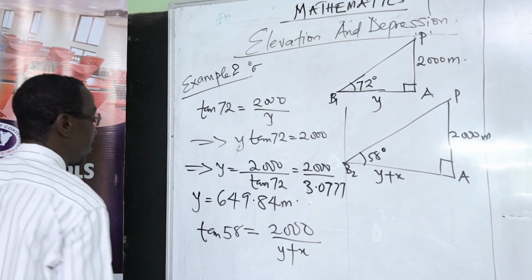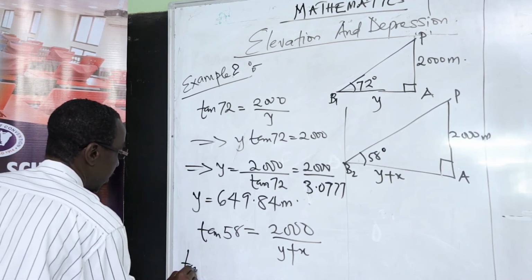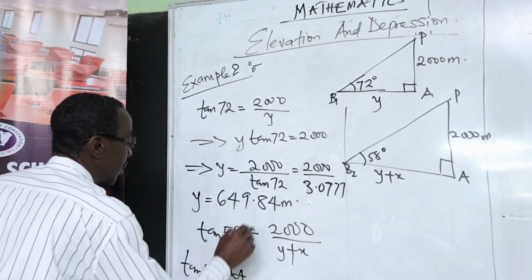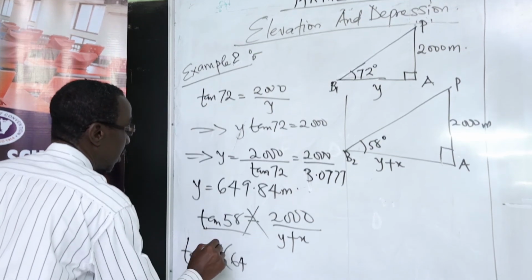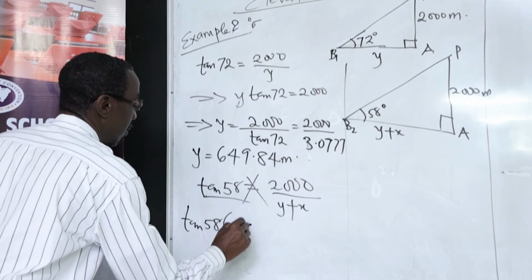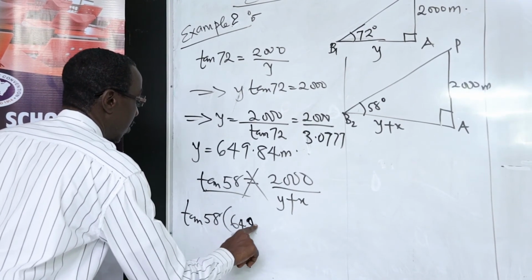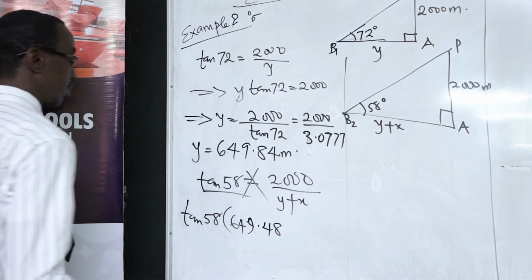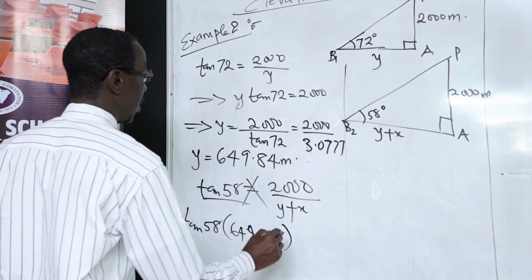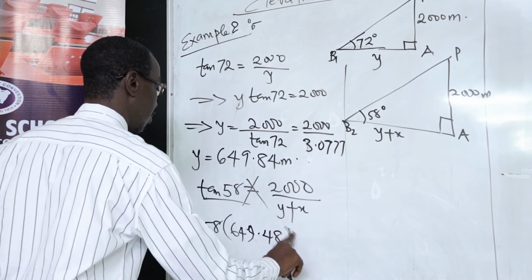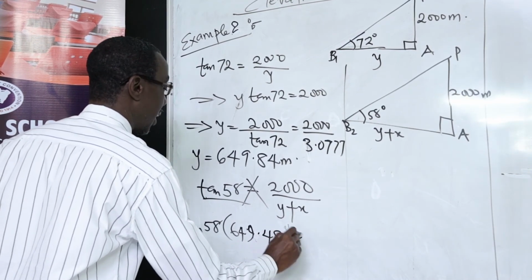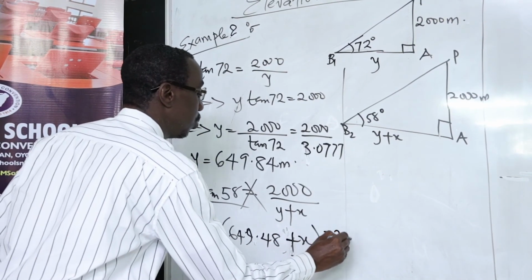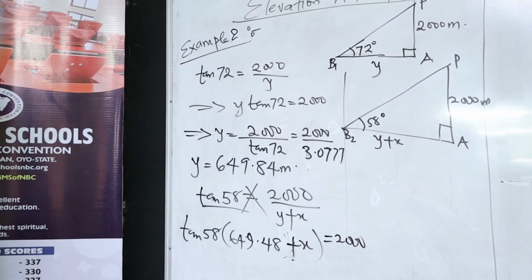Therefore, tan 58 into 649.84 plus X is equal to 2,000. Are we following?